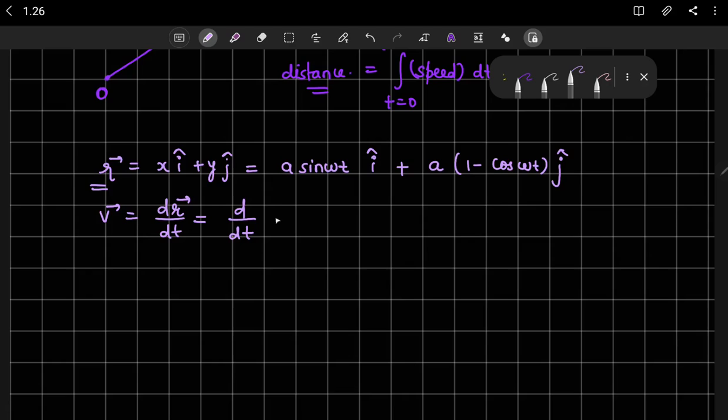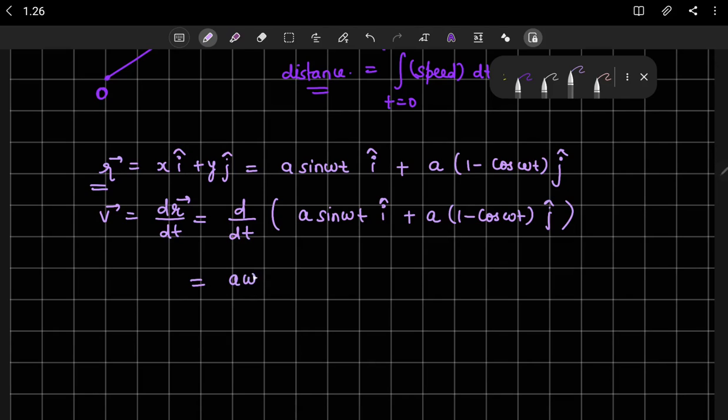So d by dt of a sine omega t i cap plus a times 1 minus cos omega t j cap. Differentiation of sine omega t will be omega times cos omega t.